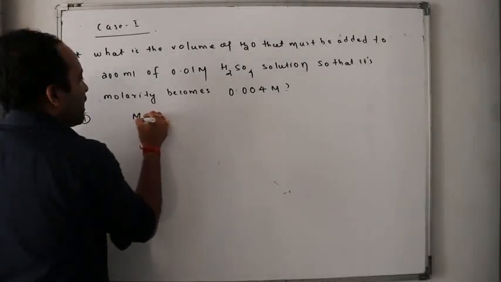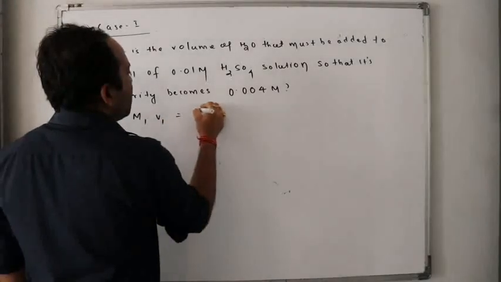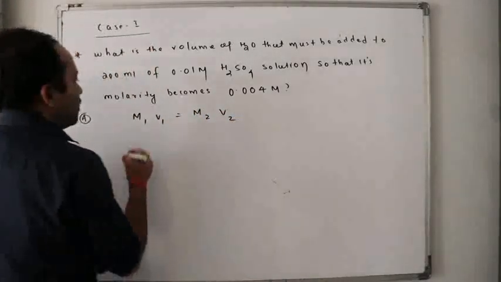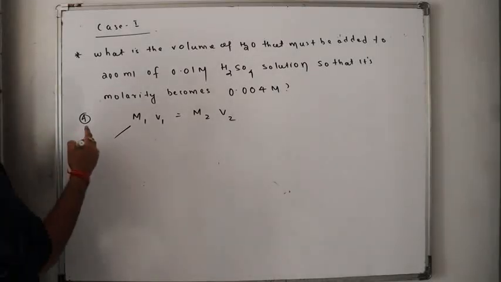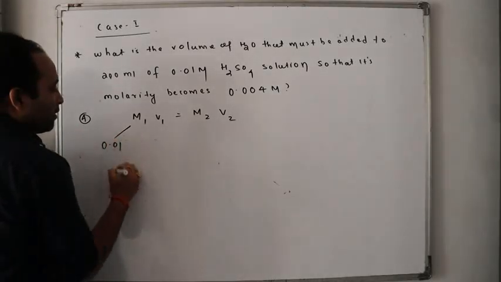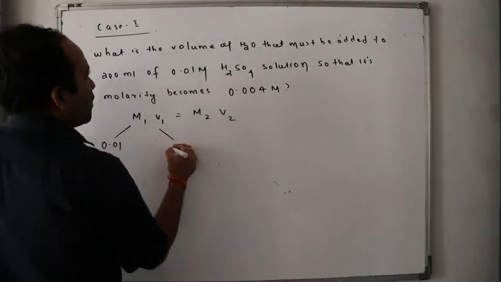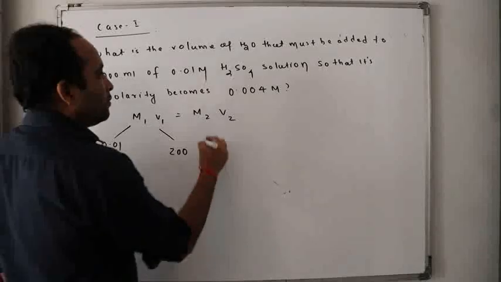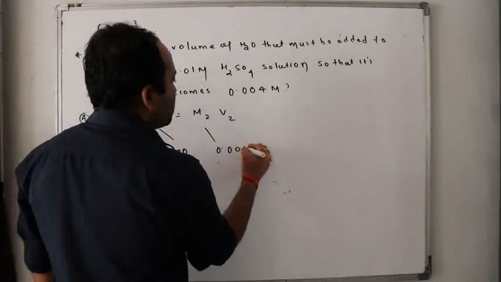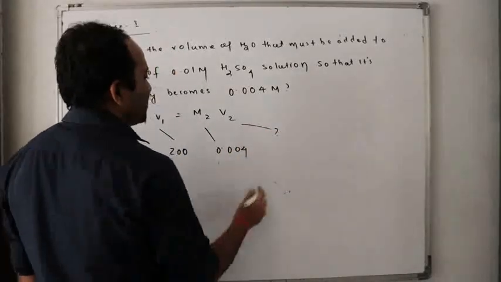Now here M1 V1 is equal to M2 V2. M1 is 0.01, V1 is 200, isn't it? M2 is 0.004, V2 is asked.